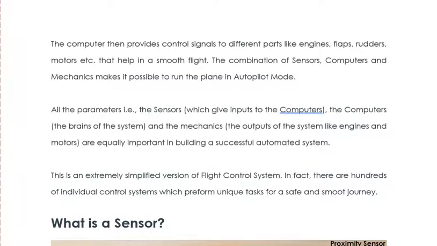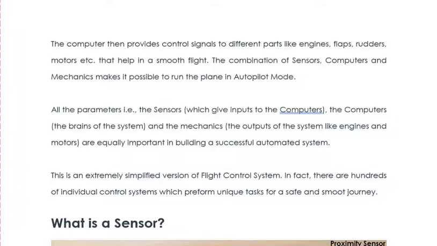Whatever it detects, or whatever data we acquire, becomes the basis for the computer to decide what control or possible output it will instruct our actuators, or the output components, to perform. So the combination of sensors, computers, and mechanical parts makes it possible to run the plane in autopilot mode.